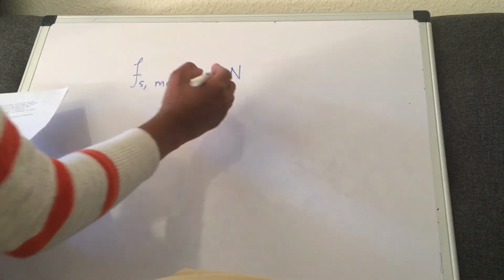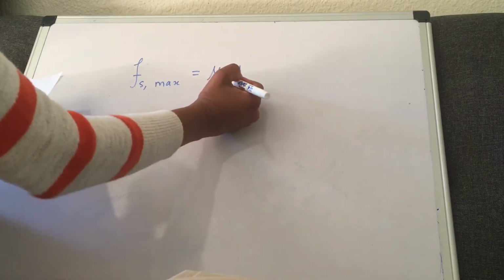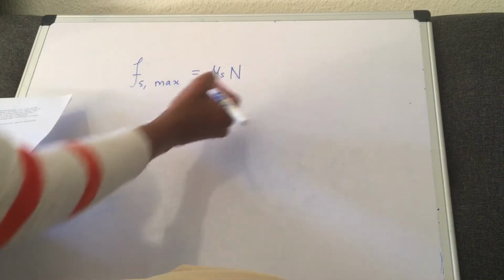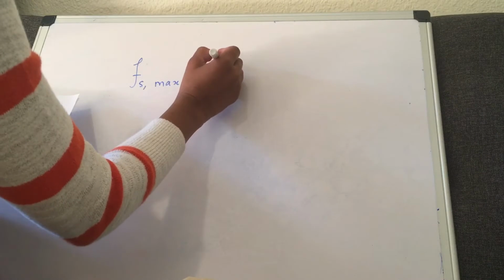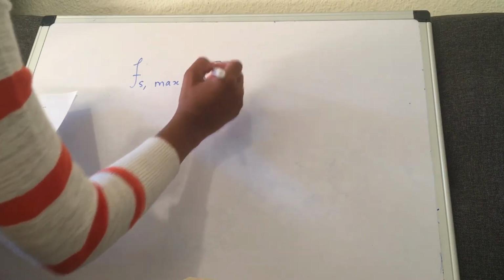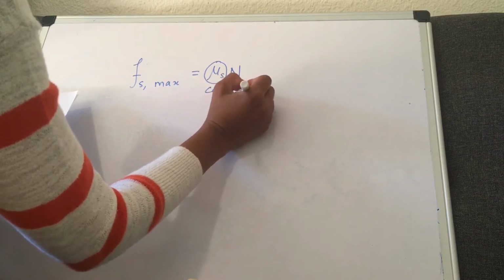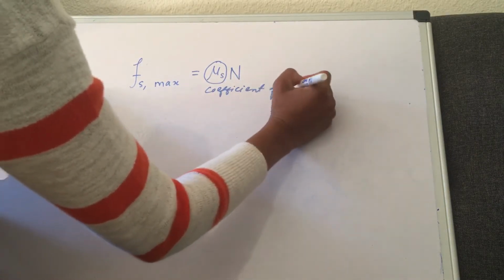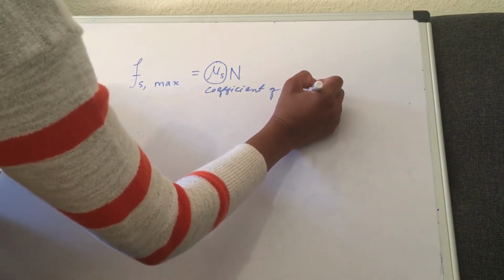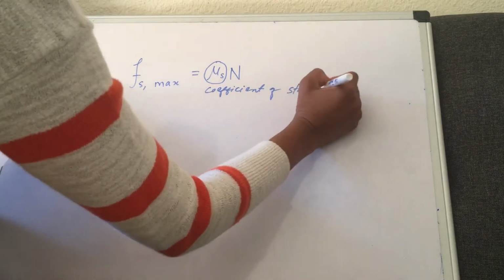Mu s is the coefficient of static friction, and N is the normal force. This mu s is called the coefficient of static friction.